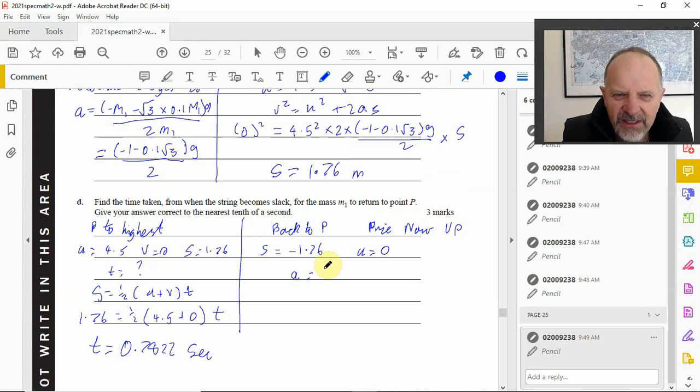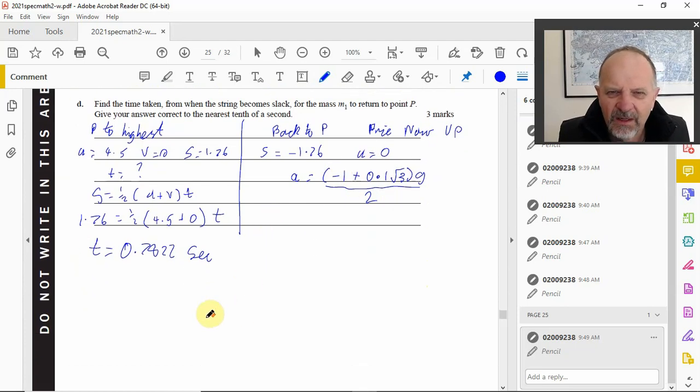So because the friction's now up the plane, the acceleration is -1, so that's the bit that's due to the weight force, the component of the weight force, and then the friction is now up the plane, so it's now in the positive direction. So that's why we've got that plus there. All right.